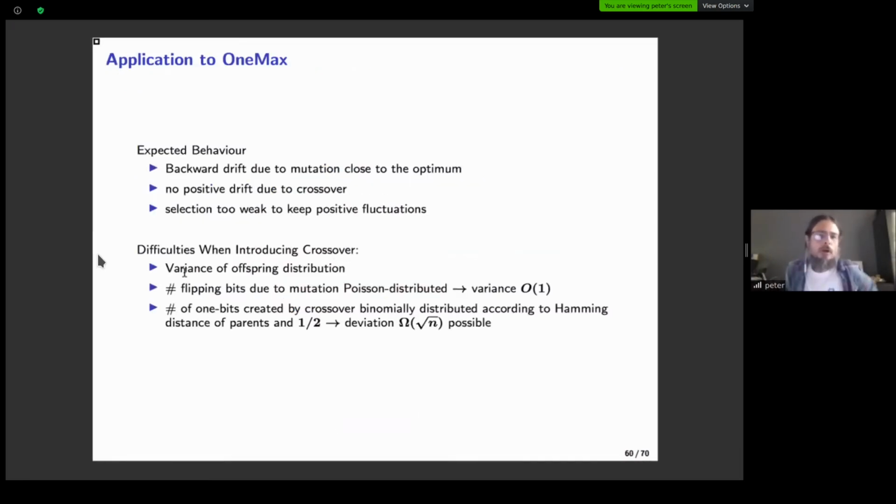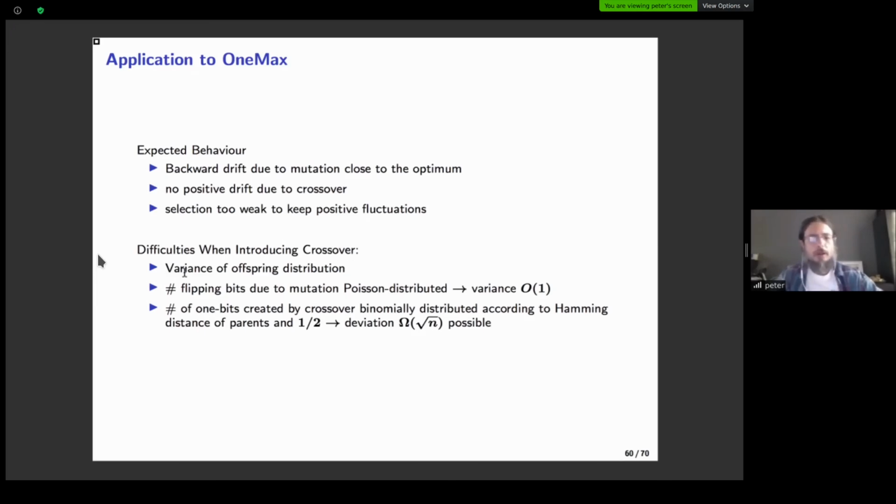So how do we expect the algorithm to behave on this function? When individuals are very close to the optimum, so they've got many ones, it's more likely to flip a 1 into a 0 than a 0 into a 1. So due to mutation, we have a backward drift. In expectation, we move away from the optimum.